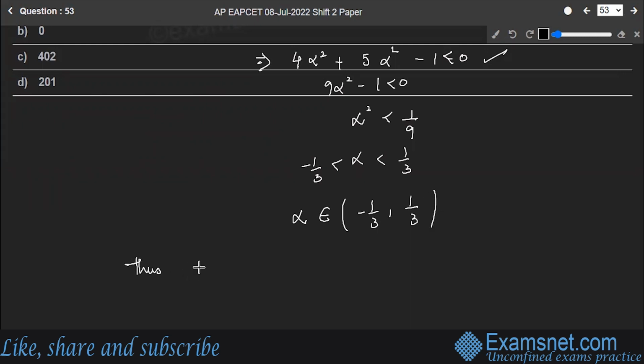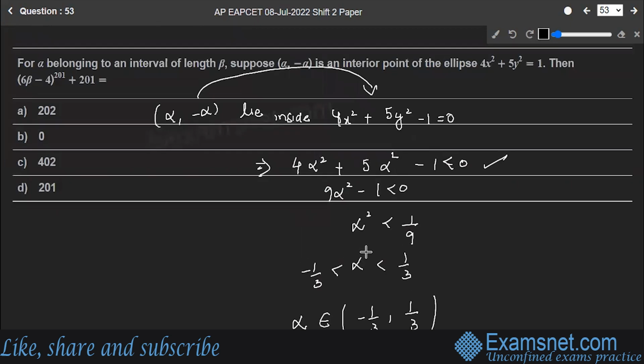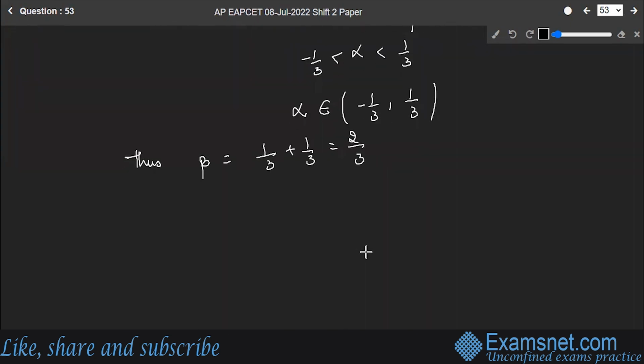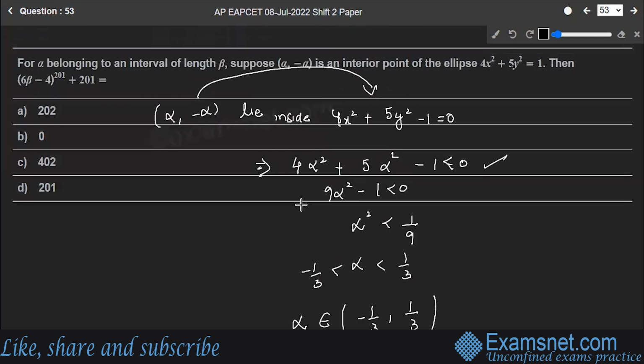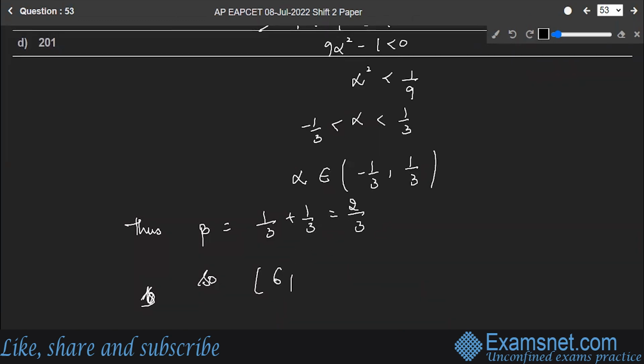Thus beta will be equal to 1 by 3 plus 1 by 3, that is equal to 2 by 3, right? What you have to find out is (6 beta minus 4) raised to power 201 plus 201.